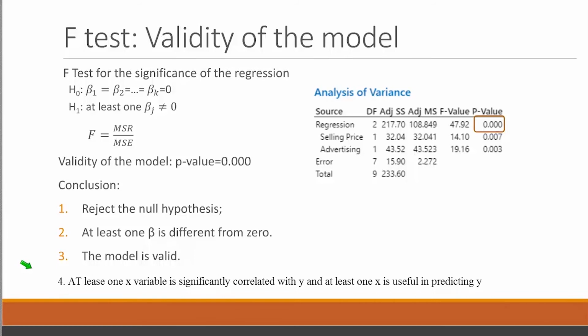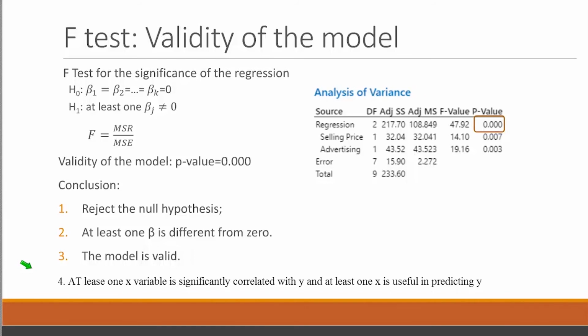Now we verified at least one x variable is important. Naturally, the next question is which x variable is important? We have 2 here. Are you telling me both or maybe one of them?